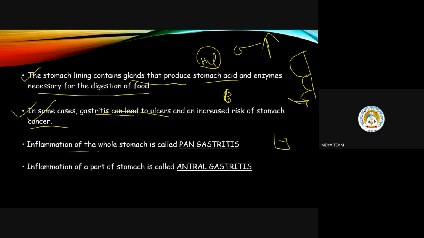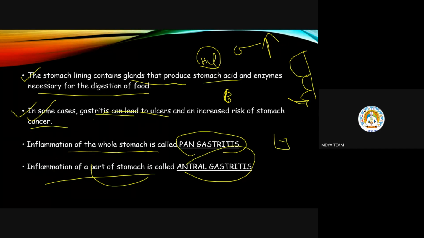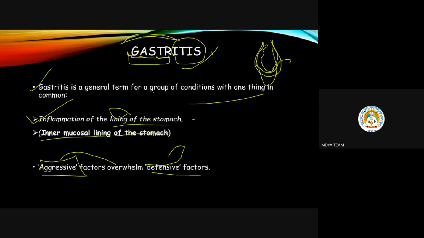Inflammation of the whole stomach is called pan-gastritis. And if there is inflammation in any particular part of the stomach, then it is called antral gastritis. Ma'am, can you go back to the previous slide once? Yes, ma'am.